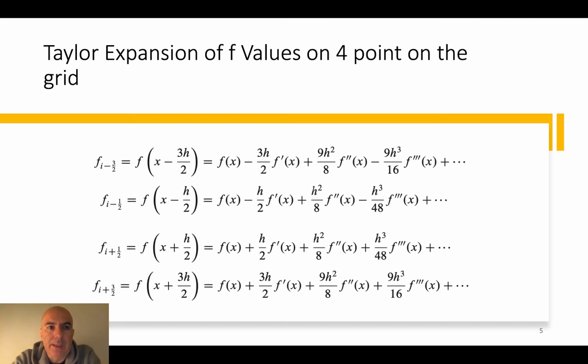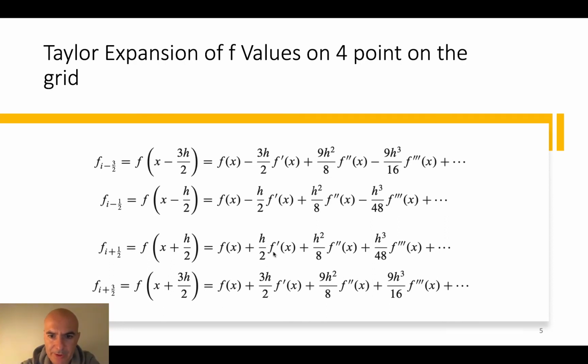The basic technique, as I told you before, is still the Taylor expansion, and to derive this higher order scheme we use the Taylor expansion along 4 points. So we expand our function at 4 points. Here on this slide you find the Taylor expansion for the function around the 4 points: the 2 middle points and the 2 on the sides.